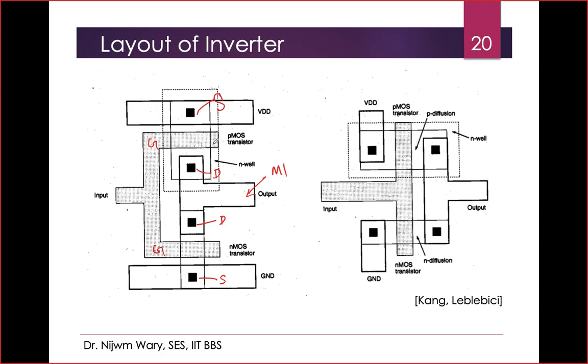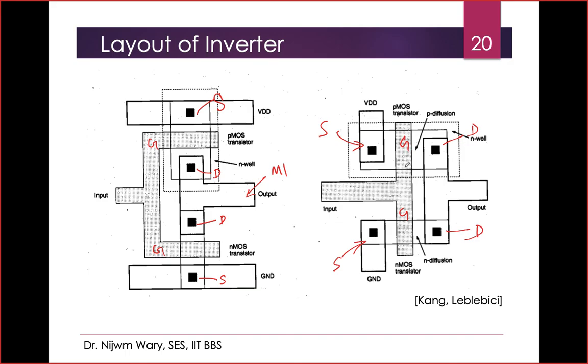So this is one way by which the layout of the inverter can be done, and this is the other way, where we rearrange the orientation such that the two gates come in the vertical direction. Again, this is the drain and this is the source of the PMOS device, and this is the drain and the source of the NMOS device, and this is the gate of the NMOS device.